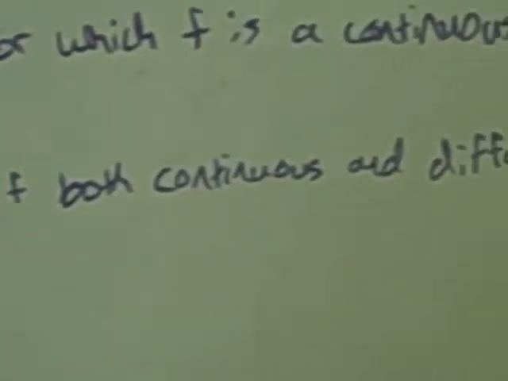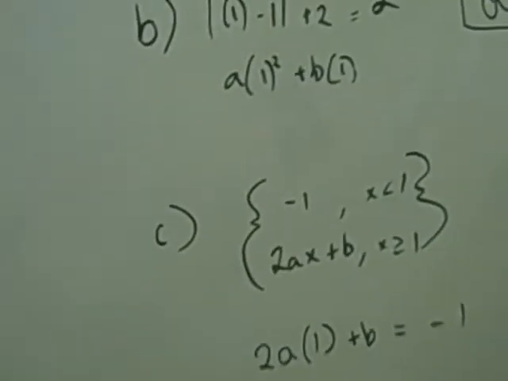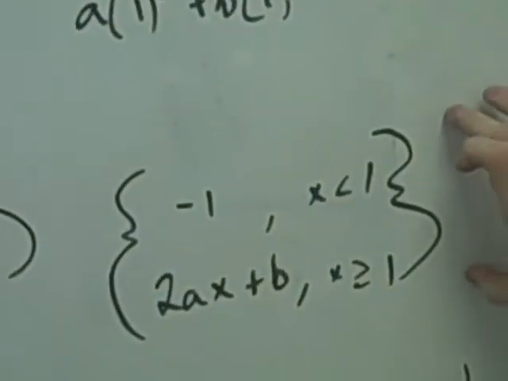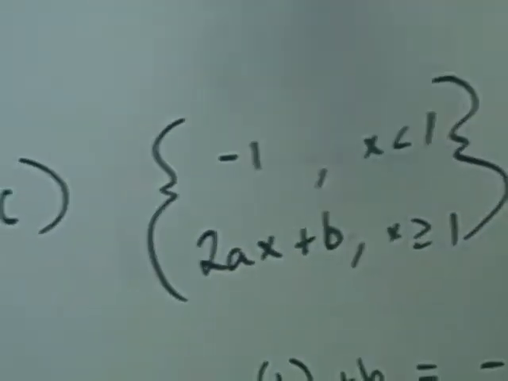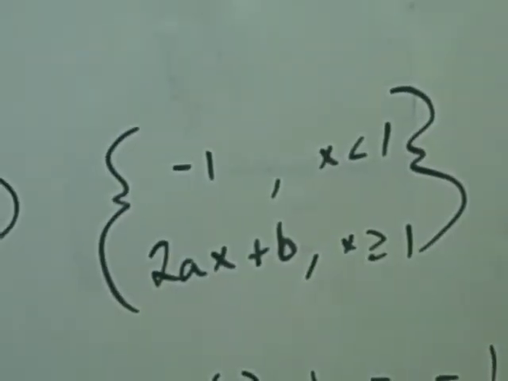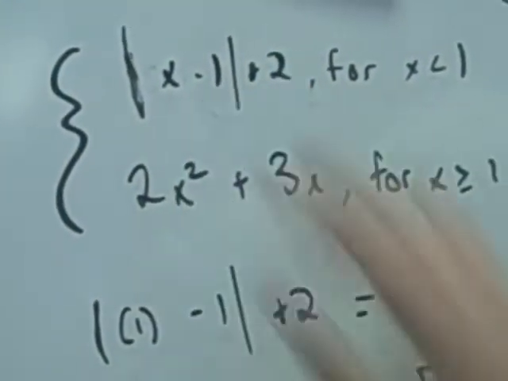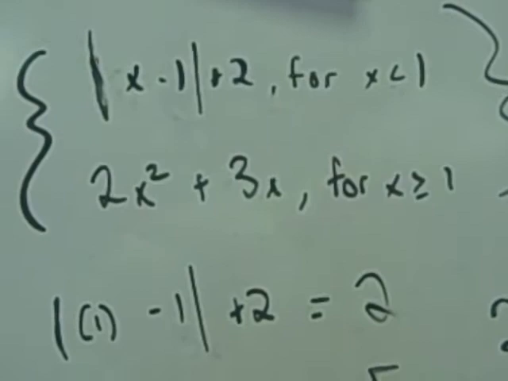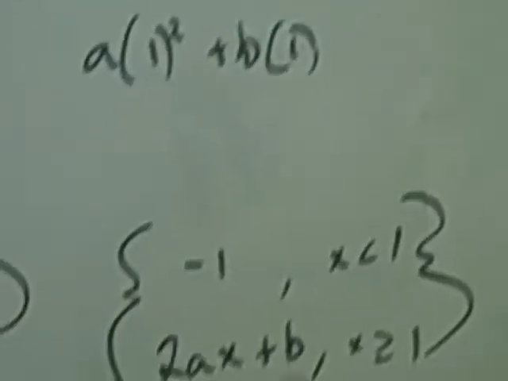And then for C, which we'll move to now, for which values of a and b is f both continuous and differentiable. This one is slightly more tricky as well. What I did first is I took the derivative of the first function. The derivative of the absolute value of x minus 1 plus 2 for the values where x is less than 1 is negative 1.